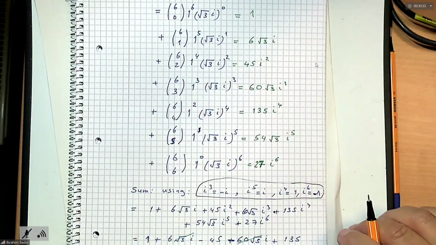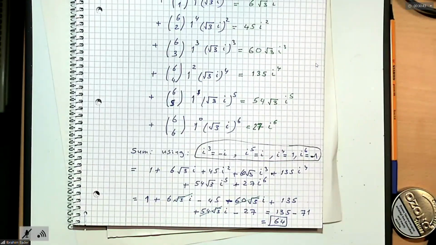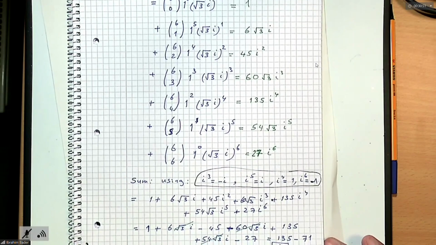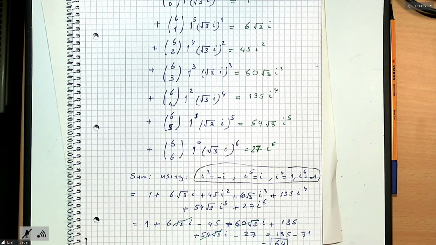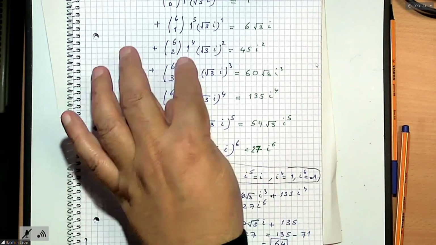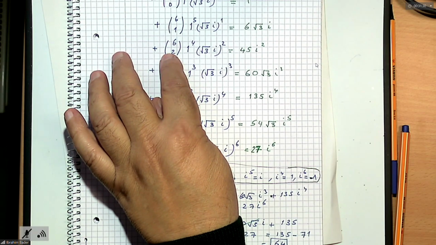Here I did it term by term, using the binomial theorem. So for instance, this one, 45: 6 factorial over 2 times 4 factorial, you get 15, right?